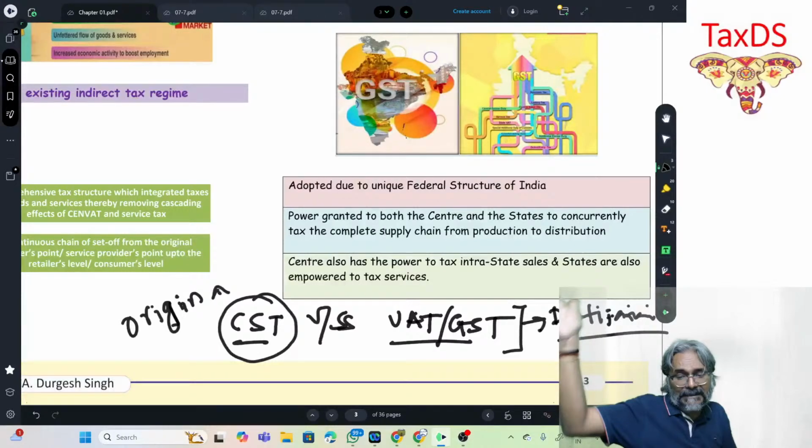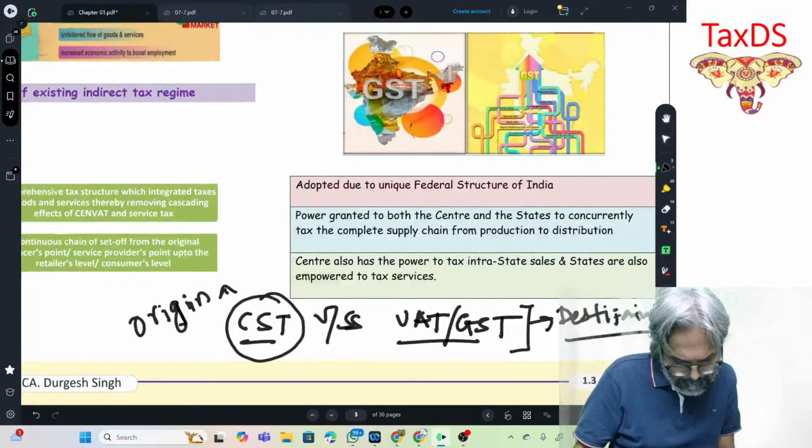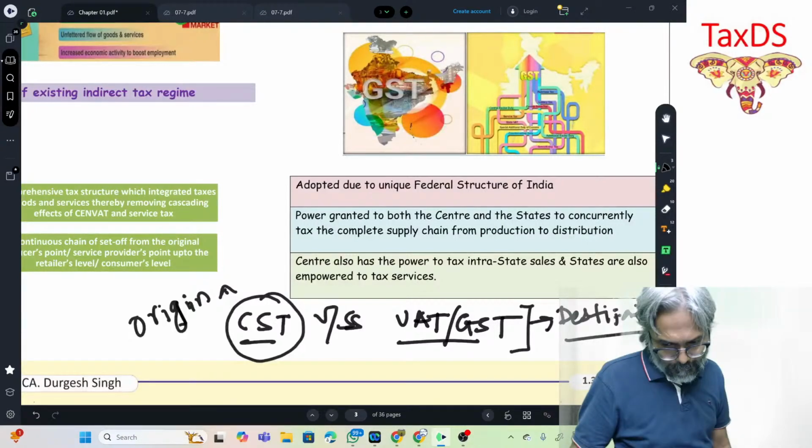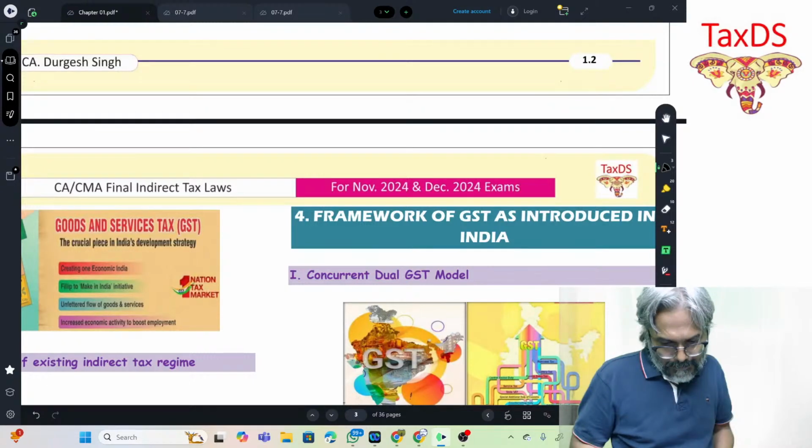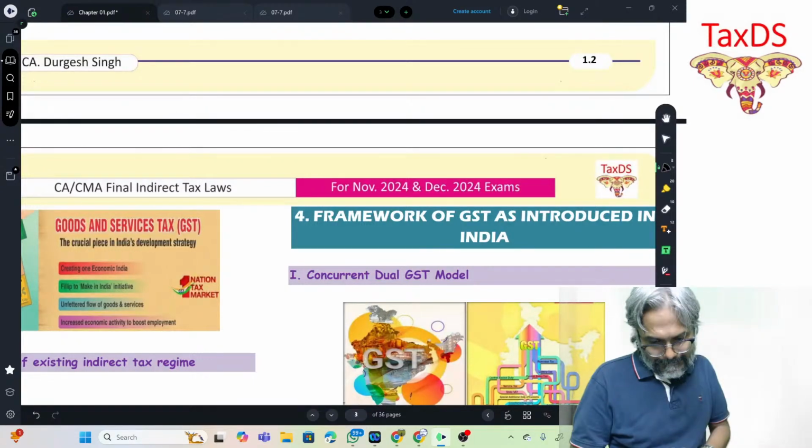Students, now coming to page number 3. Be careful. Rishi, Kavita. Screen. Is it visible, students? Just a second, students.